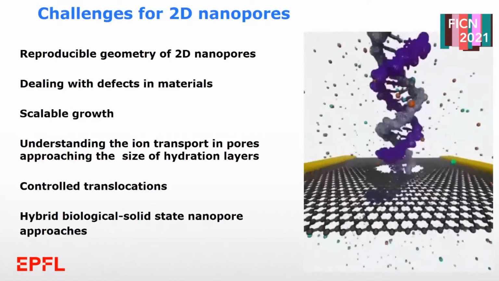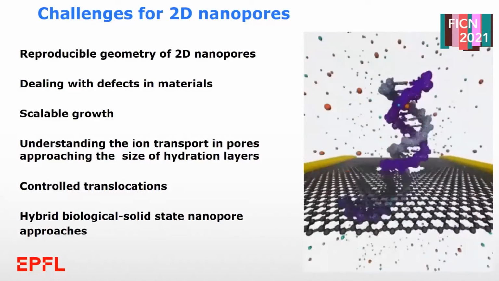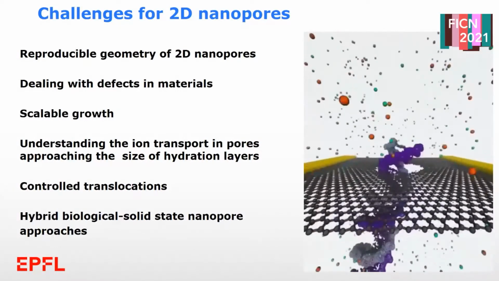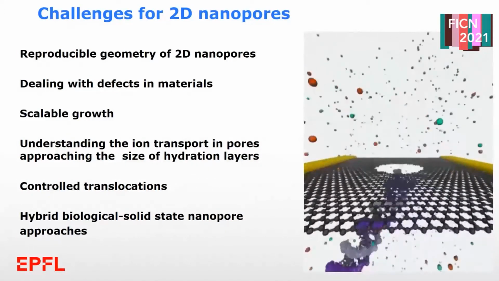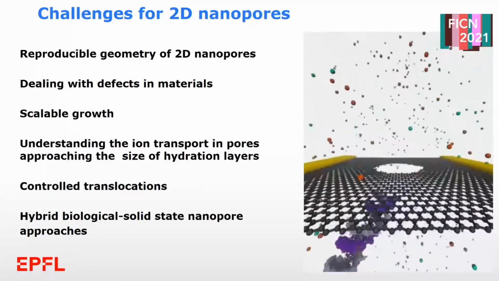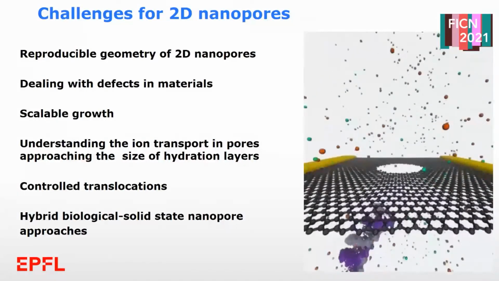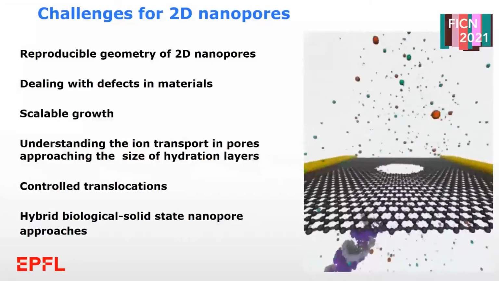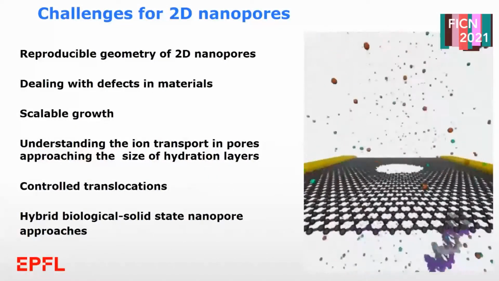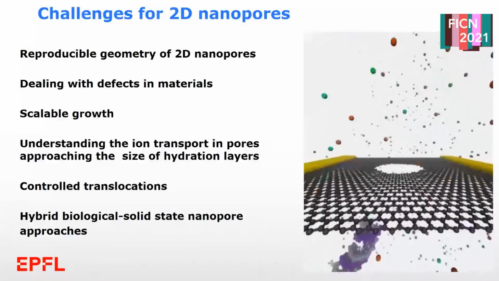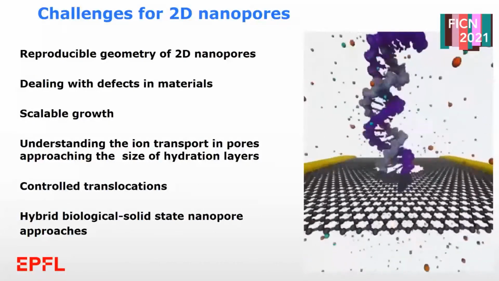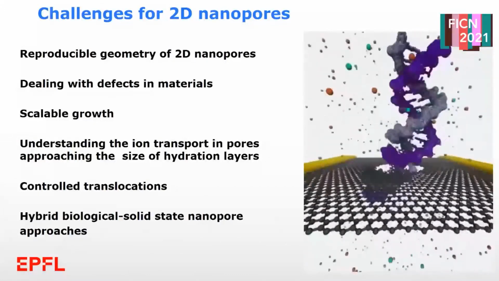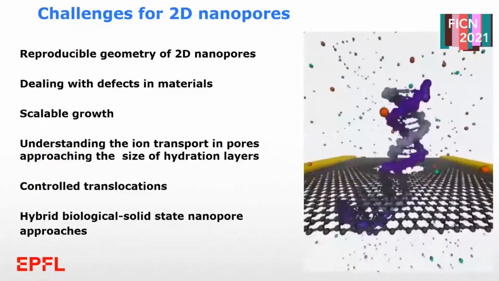What we still need to work on is, as I already mentioned, reproducible geometry of our two-dimensional nanopores, and dealing with inherent defects in the material. Scalable growth we have already addressed. Of course, using help and knowledge from ion channels, in collaboration with theoreticians, we hope to translate the understanding of ion transport in pores when we are approaching the sizes of the hydration layers.